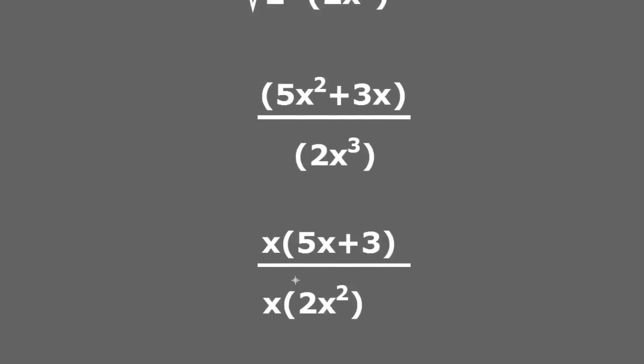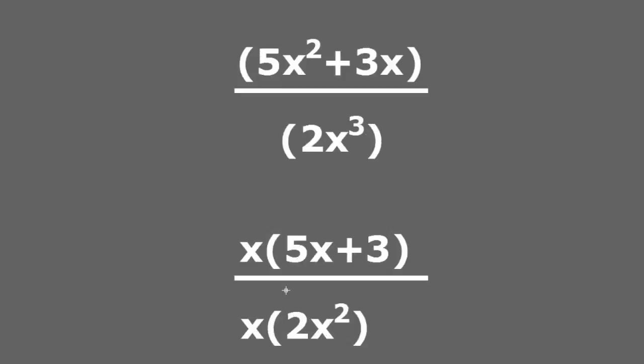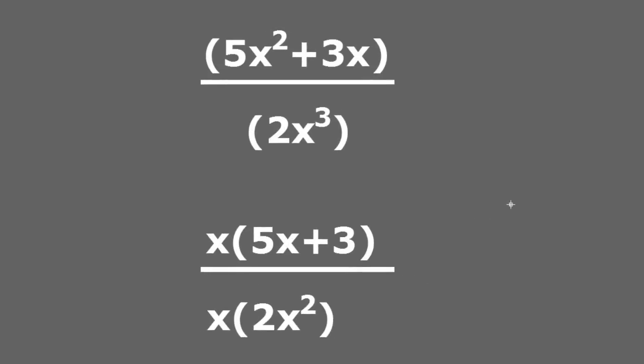And I can also factor from the numerator and the denominator a variable x. If I take one x outside from this term and another x out from this term, what I get is x multiplied by parentheses 5x plus 3.